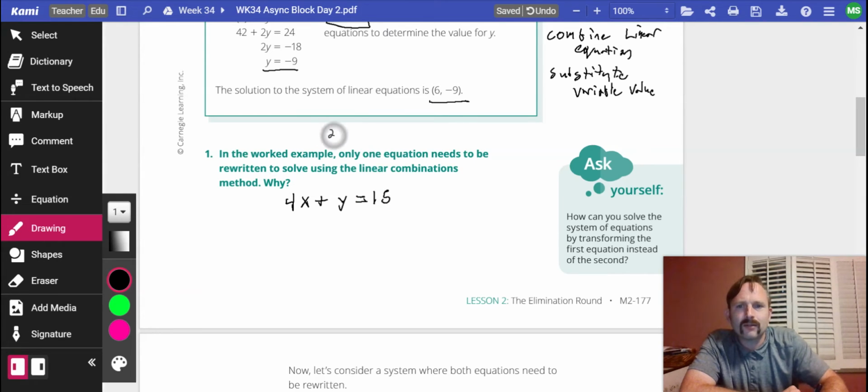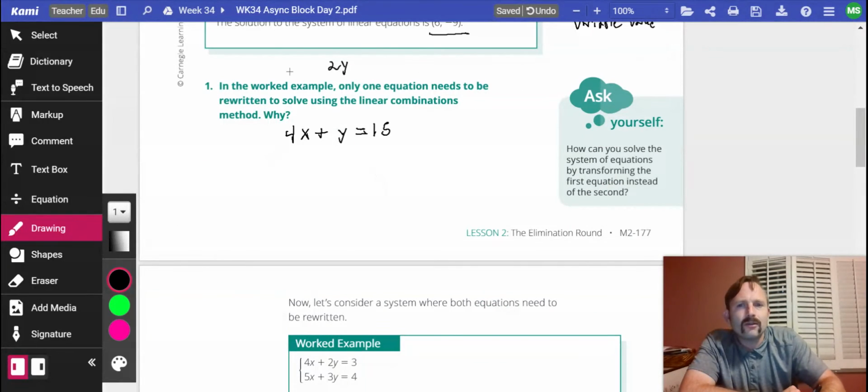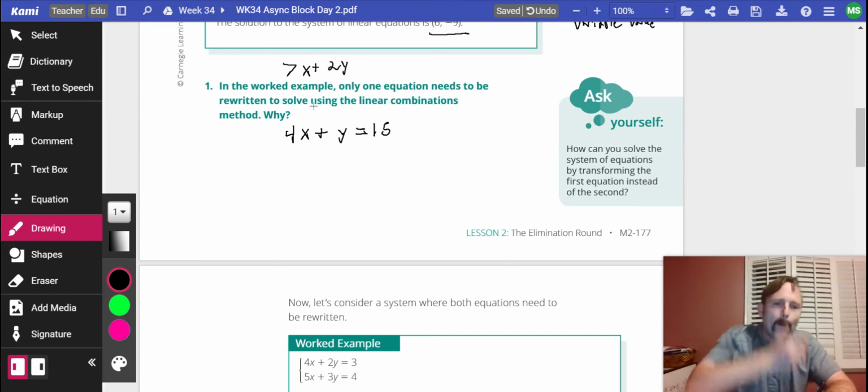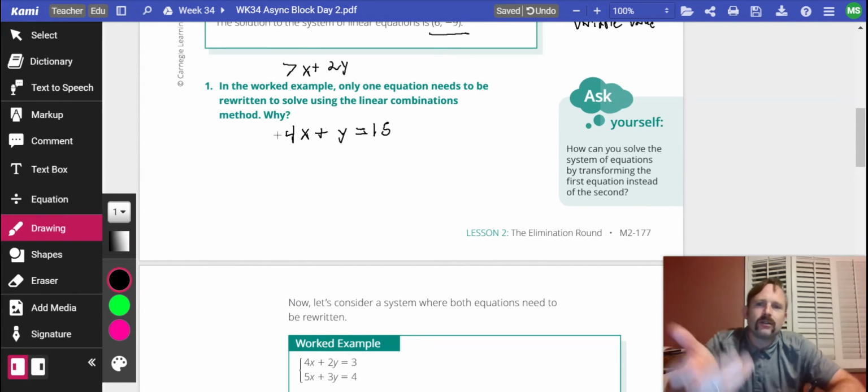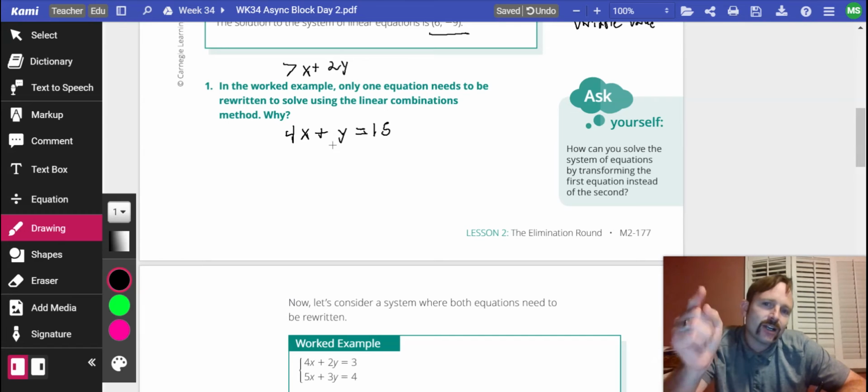Now, we don't care exactly what the 7x was. We don't care exactly what it is, so we don't need to mess with both of them. We only need to transform one of the equations. The x has a coefficient of 4. The number next to the x is 4.